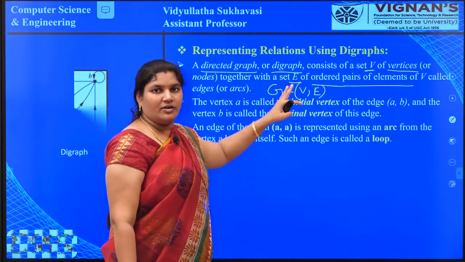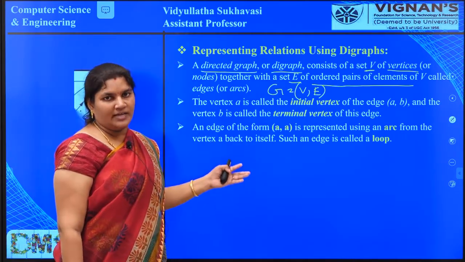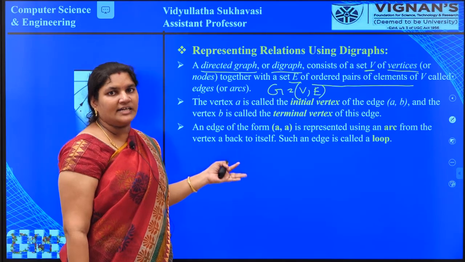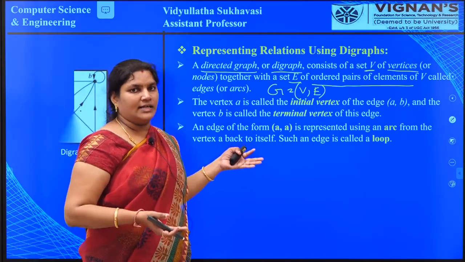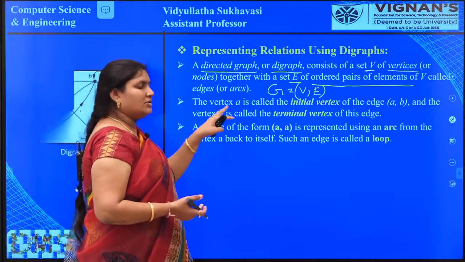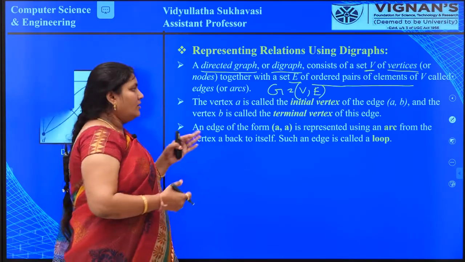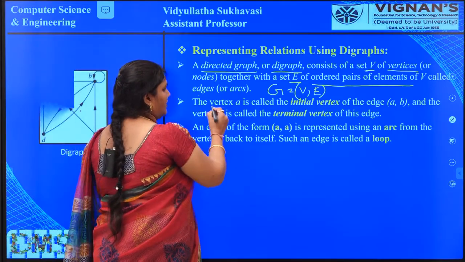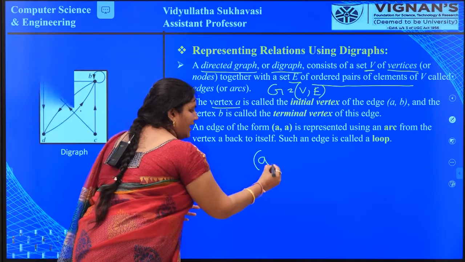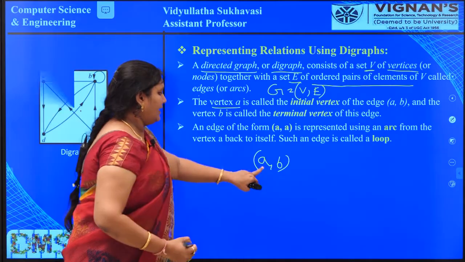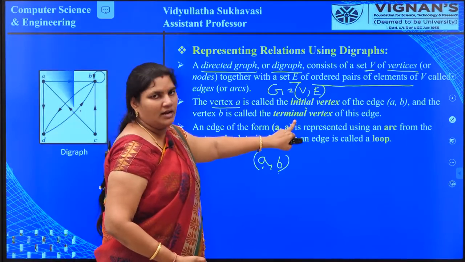So here we have understood that we can represent the directed graph with ordered pairs, or from the ordered pairs we can draw the directed graph. For drawing the directed graph, what we need to consider is this: suppose we have an ordered pair like A comma B. Here A will be the initial vertex and B will be the terminal vertex.